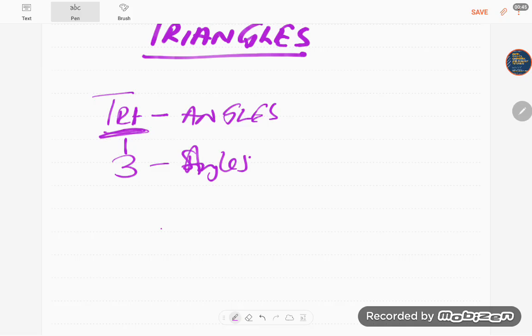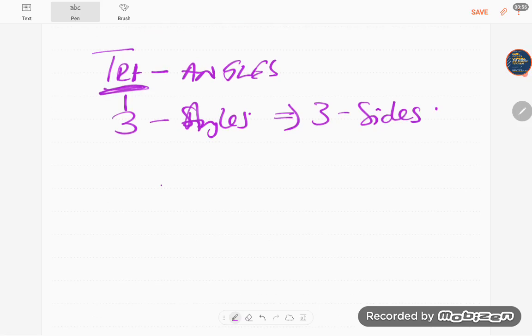By default, the number of angles equals the number of sides, so it also has three sides. And that's exactly what our triangles are.